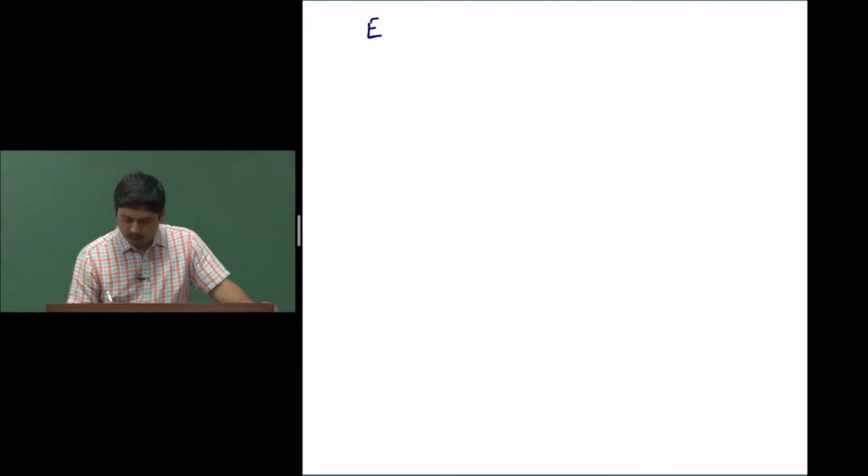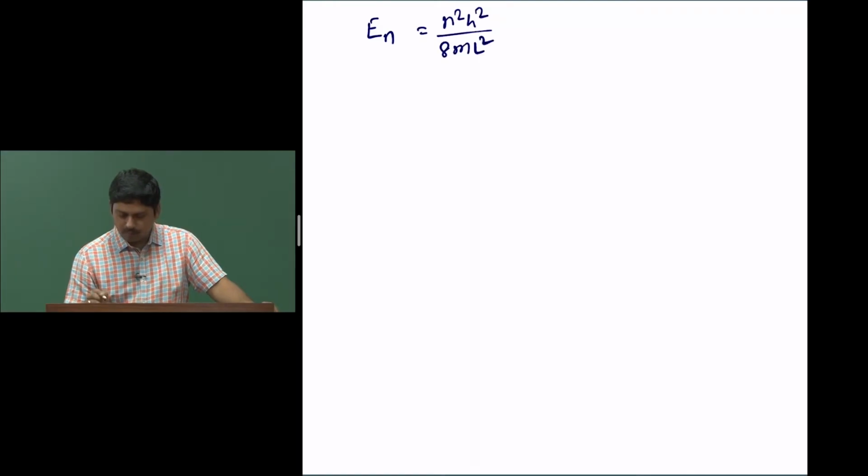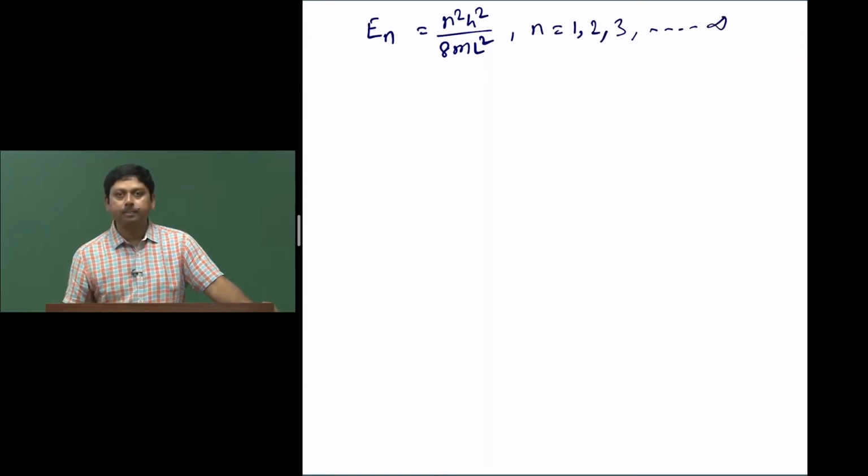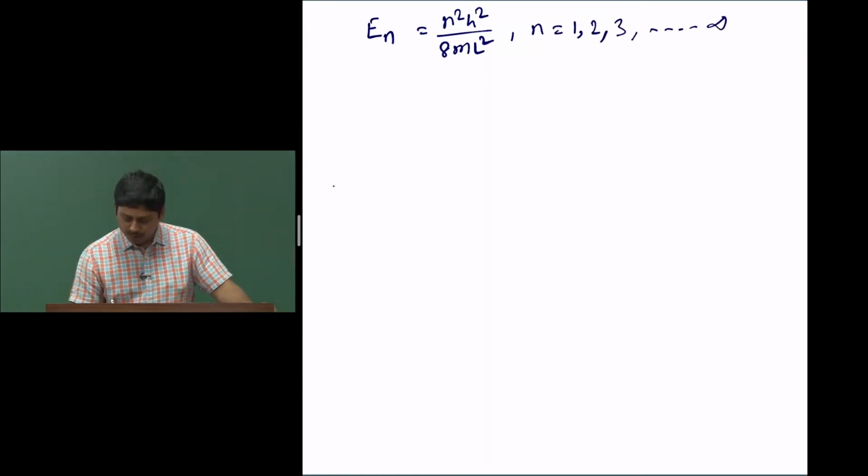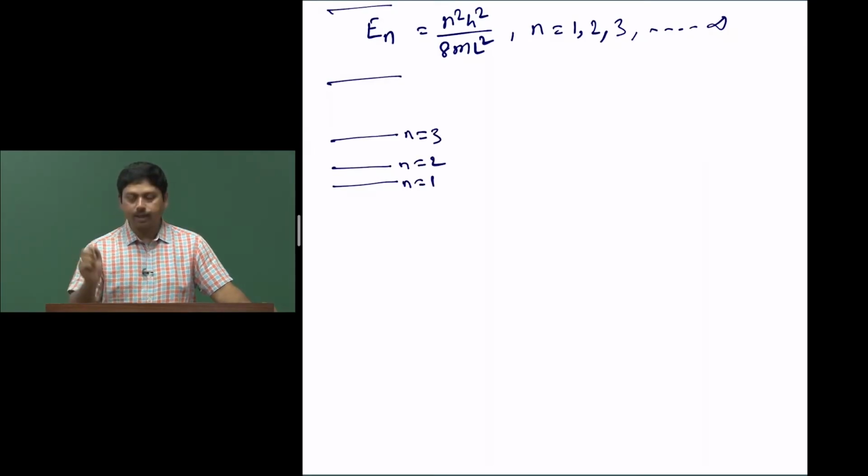The energy of a particle in a box system, E n, is given by n square h square by 8 m L square, where n is 1, 2, 3 up to infinity. And when you draw that, we have seen how we normally represent it like that. So, this is n equal to 1, n equal to 2, n equal to 3 and things like that.